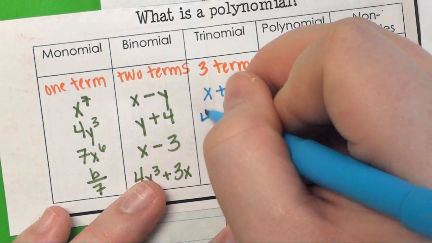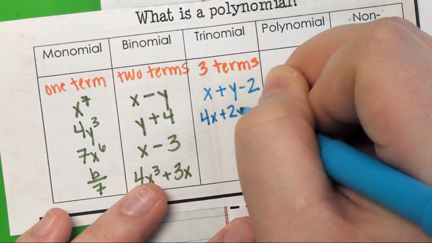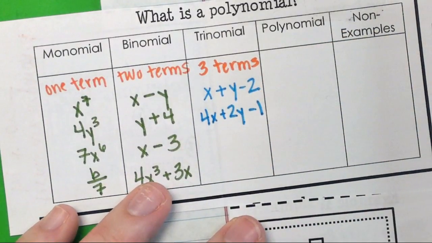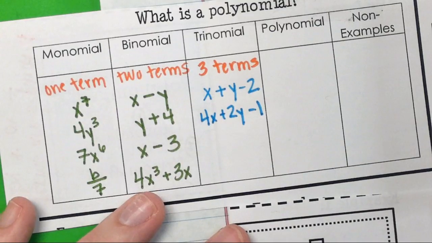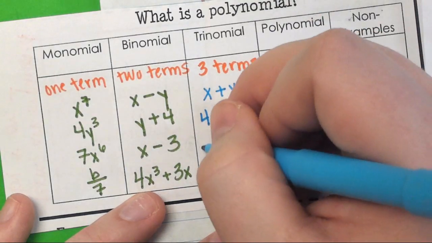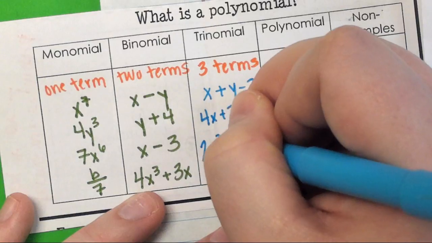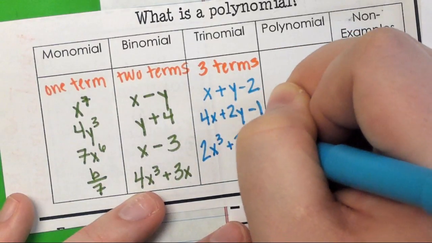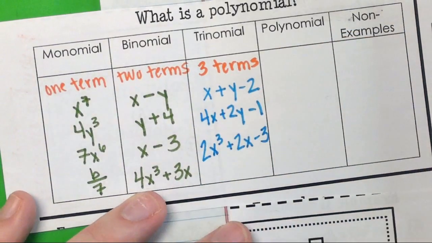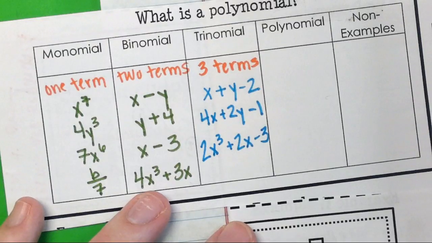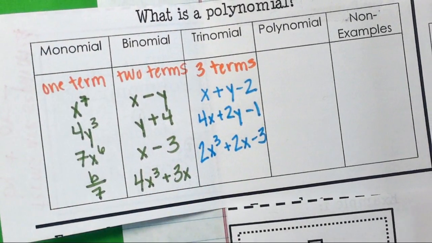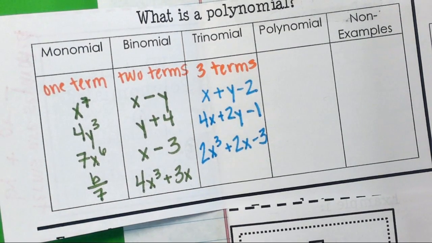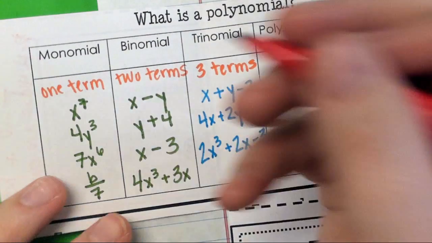Or 4x plus 2y minus 1, that's 1, 2, 3 terms. And Lord knows we can make it complicated and have 2x to the third plus 2x minus 3. We could have something much more complicated, but it's still 1, 2, 3 terms. Are there any questions so far?